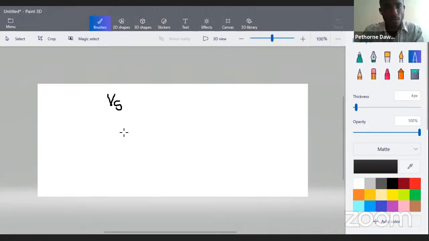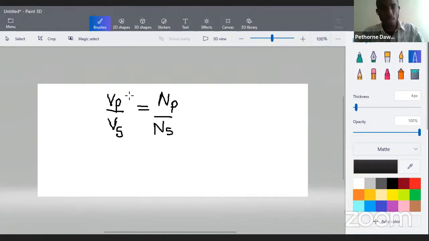Well, typically it's Vp over Vs. Let me write it the way they normally write it: Vp over Vs. We know Vp is primary voltage, Vs is secondary voltage, and the one that relates to the number of turns is Np over Ns. That is the general equation.